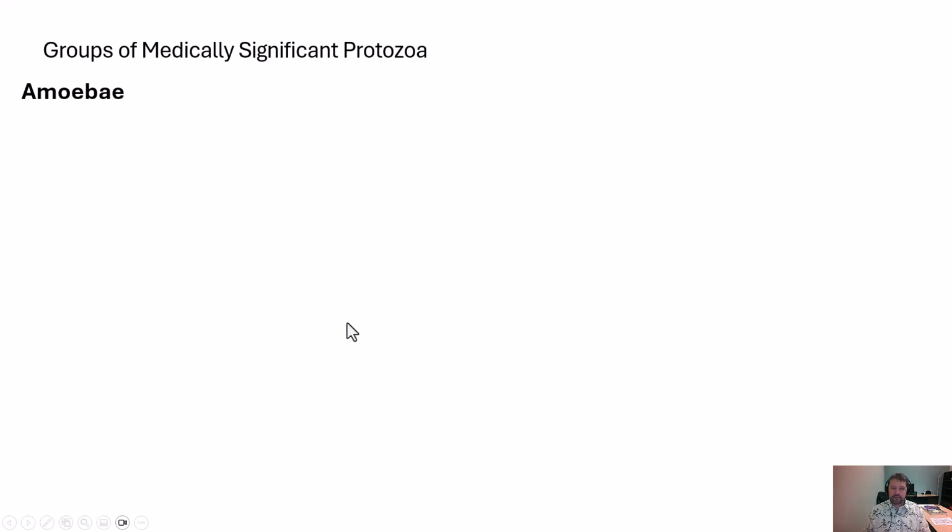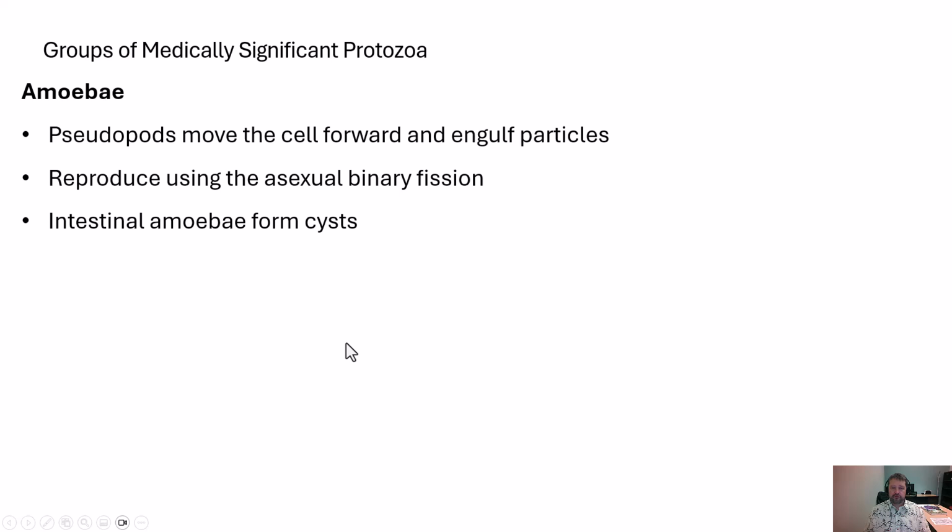Okay. The amoebas, again, there are amoebas that are medically significant, and we'll talk about Fowleri here in a second. It's a bad deal if you get it, because we're often not its definitive host, and so sometimes they can wreak havoc on our body.